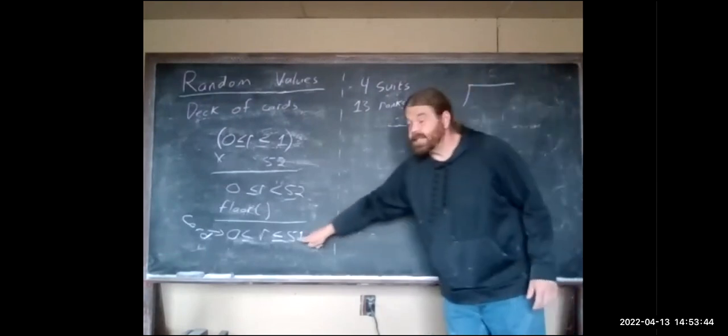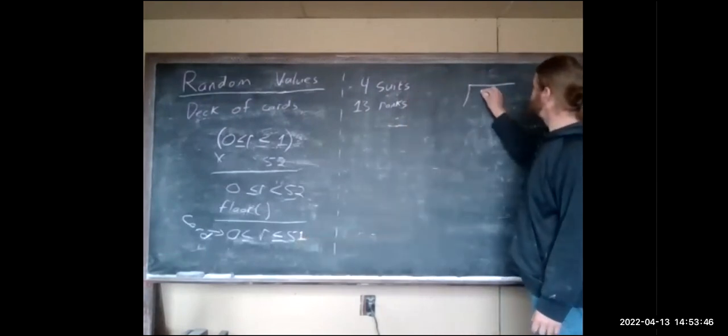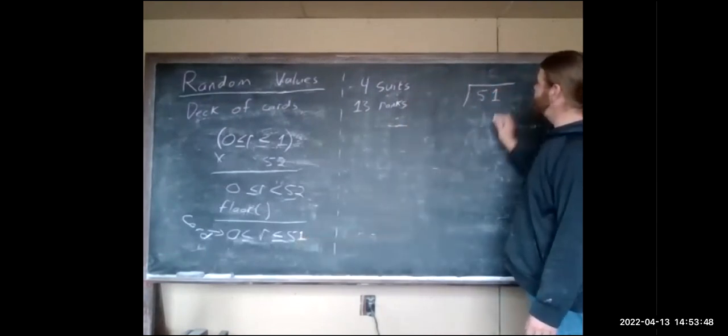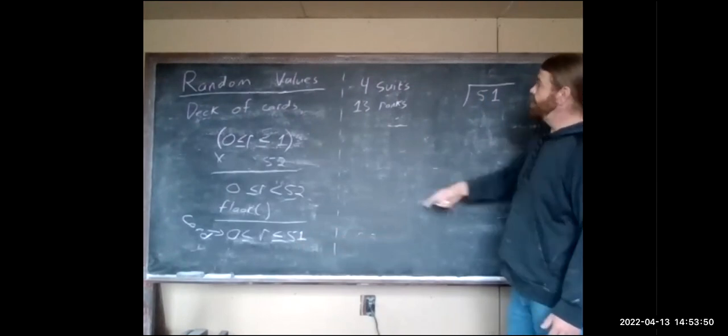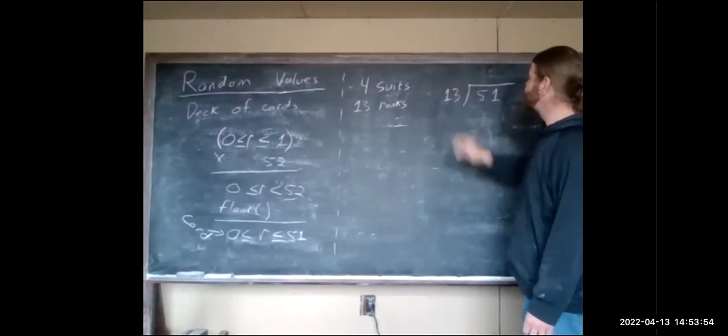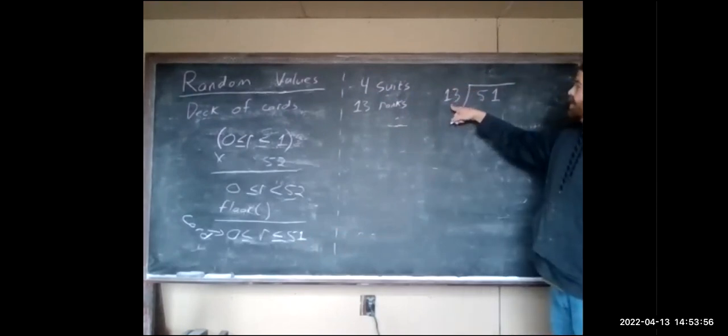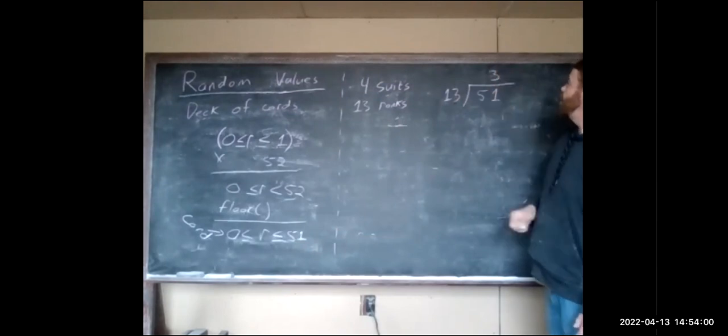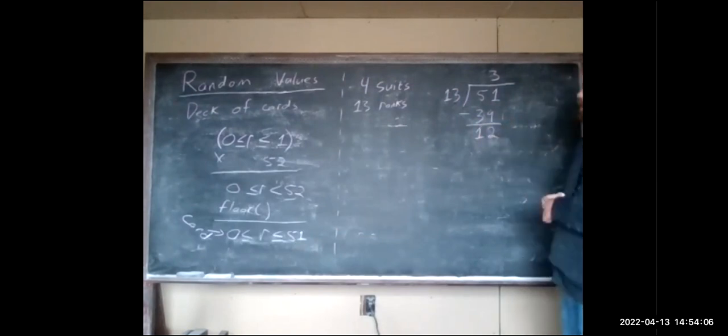So our biggest number is 51. So I'll put our biggest one here. And well, then we could divide by either one. I'll just put the 13 here. So 51 divided by 13 will go up to 3 times with 12 left over.